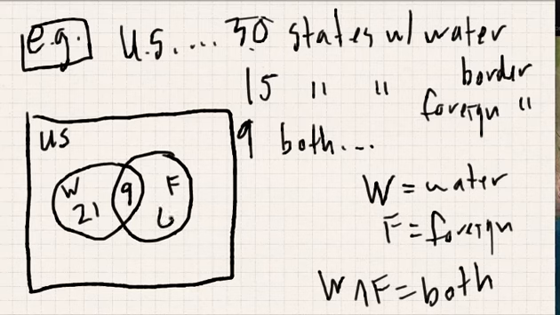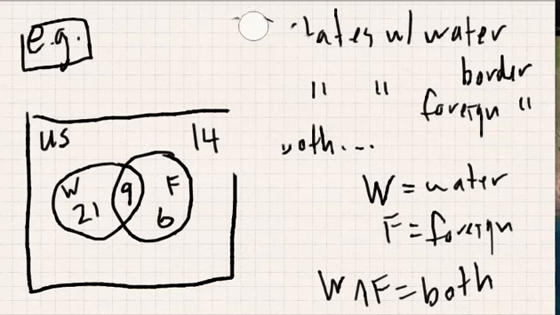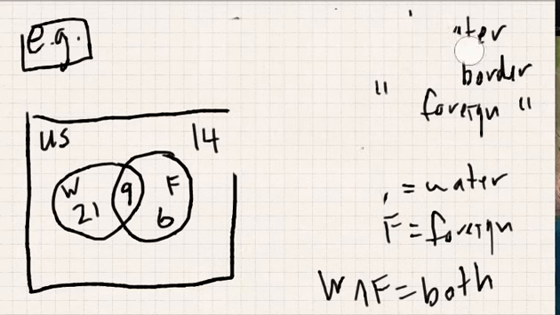Similarly, there will be 6 who only have a foreign border. Finally, since there are 50 United States, and 21 plus 9 plus 6 is 36, there are 14 states which have neither water nor foreign border, because all those numbers need to add up to 50.